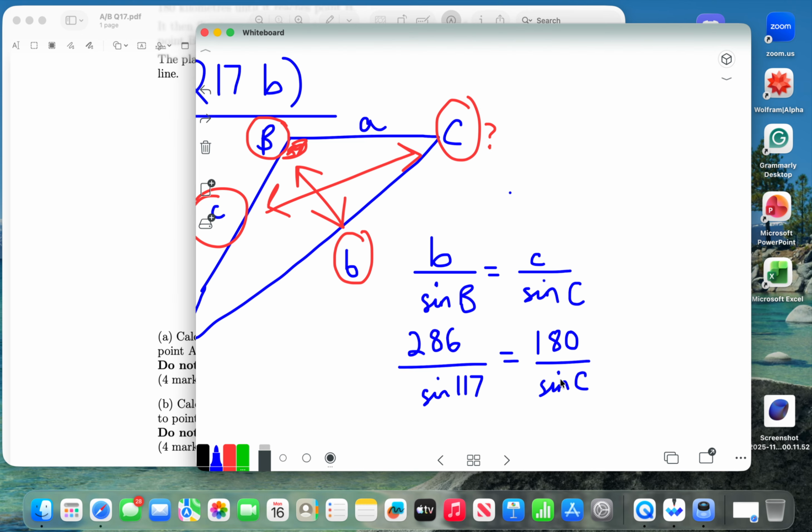If I multiply both sides by sine C, I'm going to get 286 sine C over the sine of 117 is 180.